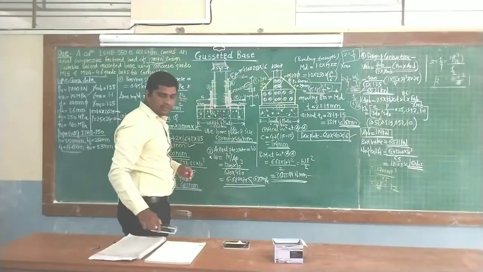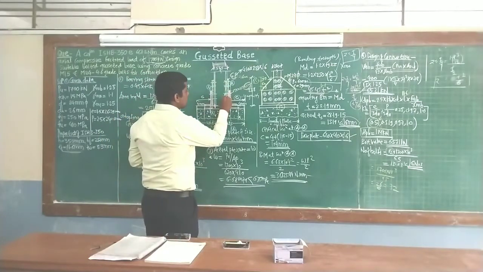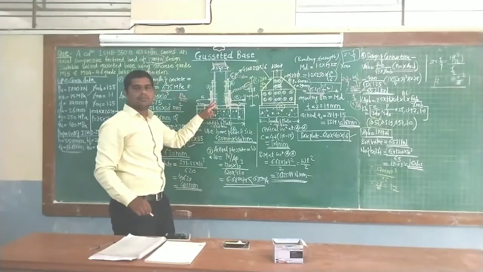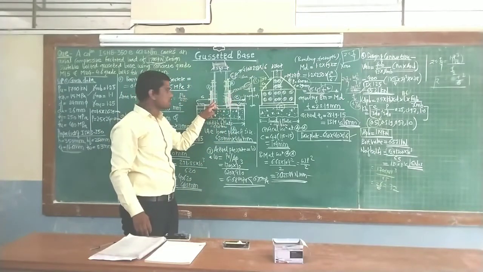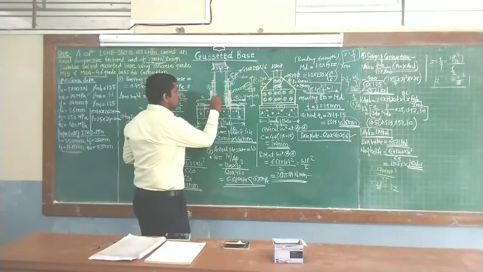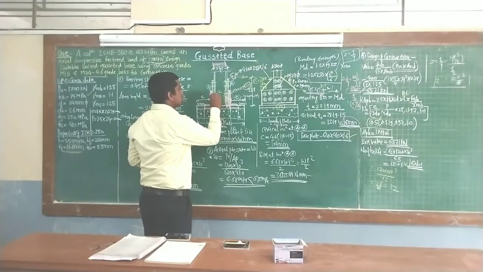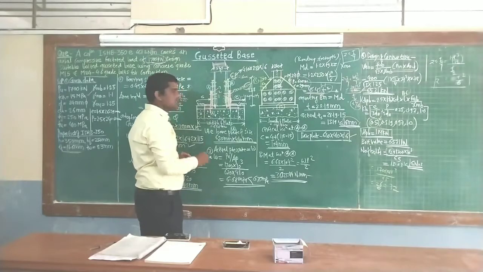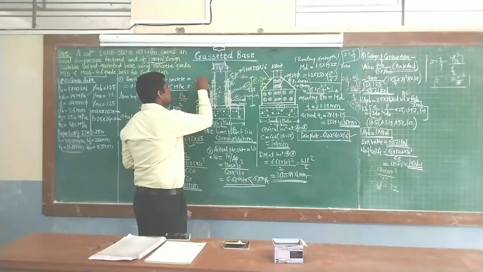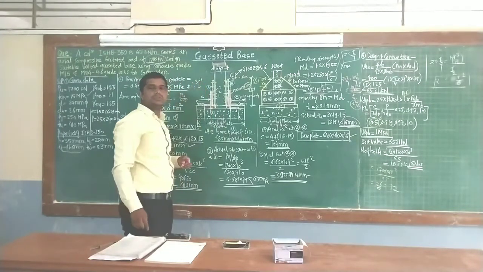So here accordingly the number of planes: if we go through this particular section, on either side of this gusseted base, the column is 1, second gusseted base and third angle section. So number of planes is 3 minus 1, so answer will be 2.